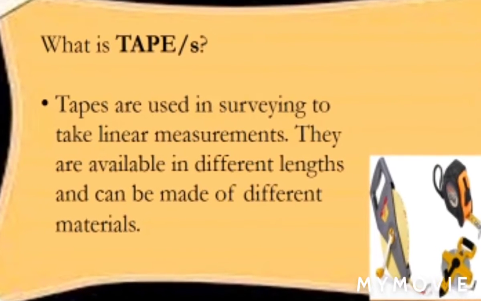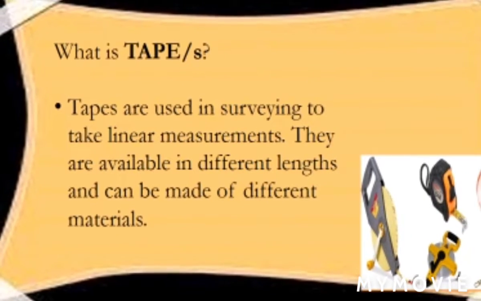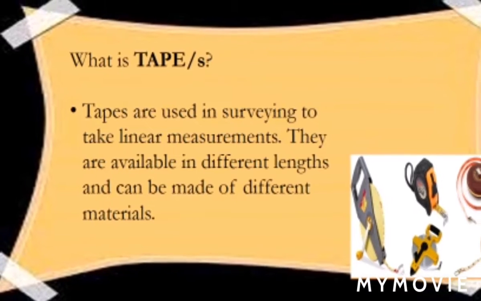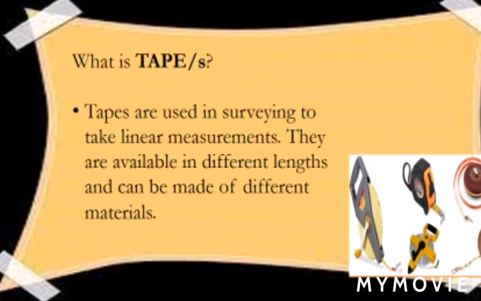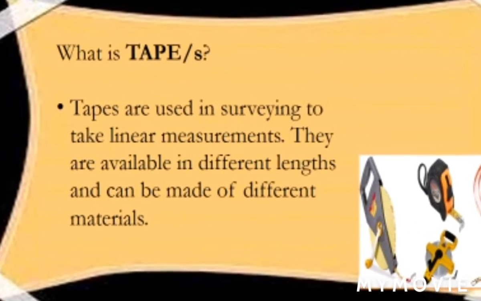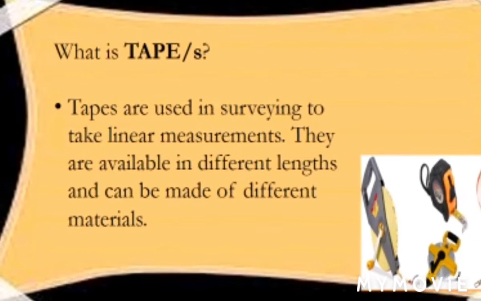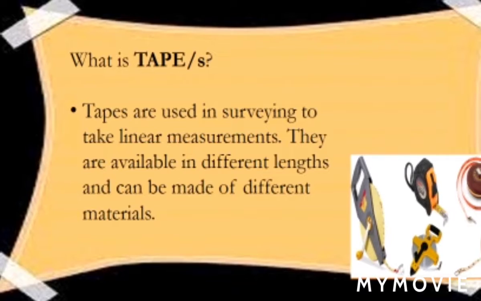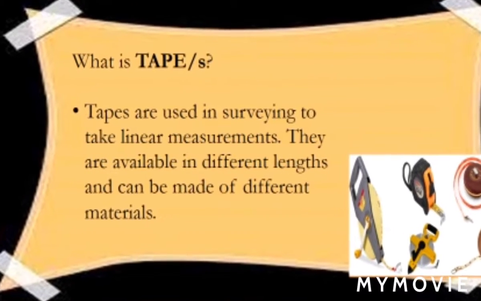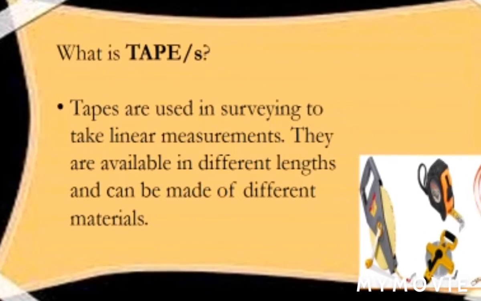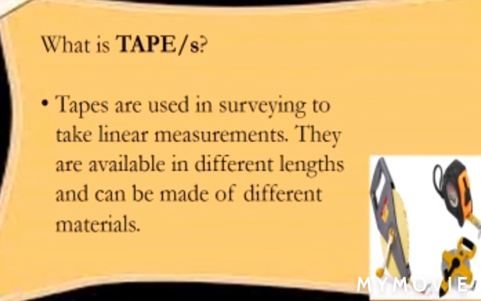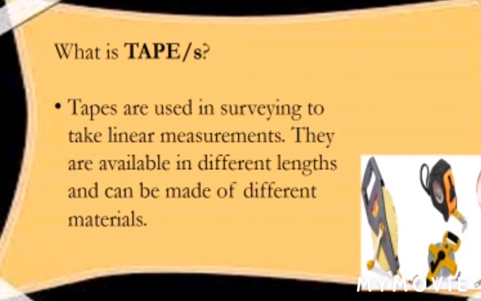So what is tape or tapes? Tapes are used in surveying to take linear measurements. They are available in different lengths and can be made of different materials. So it is mentioned in the slide that it is used in surveying to take linear measurements.